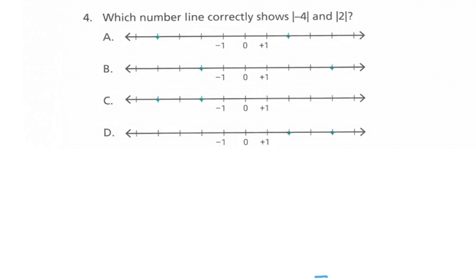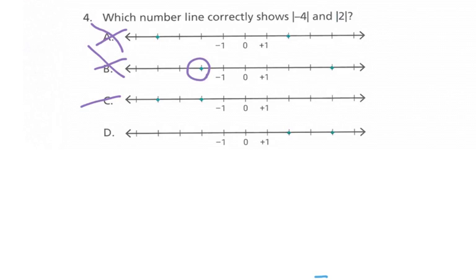All right, let's look at this one. Which of these correctly shows the absolute value of -4 and the absolute value of 2? I know that it is not A, because A is showing a negative number, and absolute values are positive numbers, always. I know it's not B, because again it has a negative number.